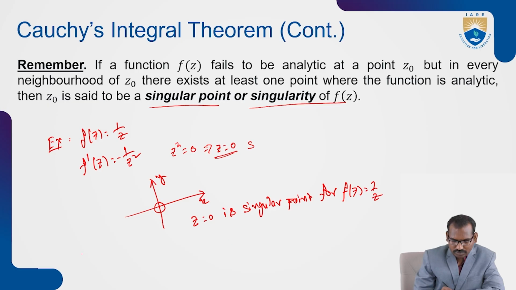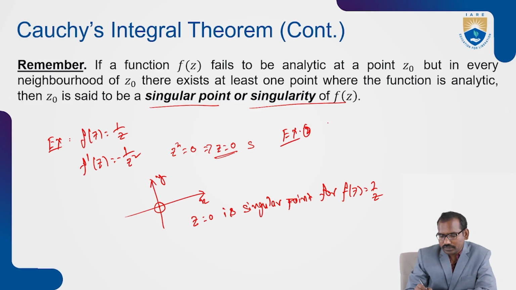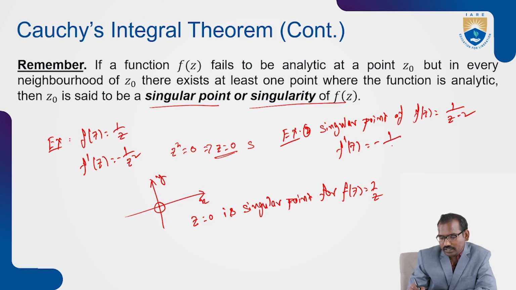Now, example 2. What is the singular point of f of z equals 1 by z minus 2? We know the derivative of this function is minus 1 by z minus 2 whole square.